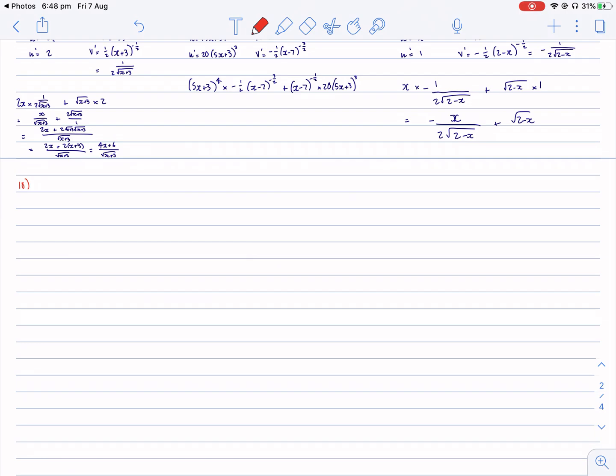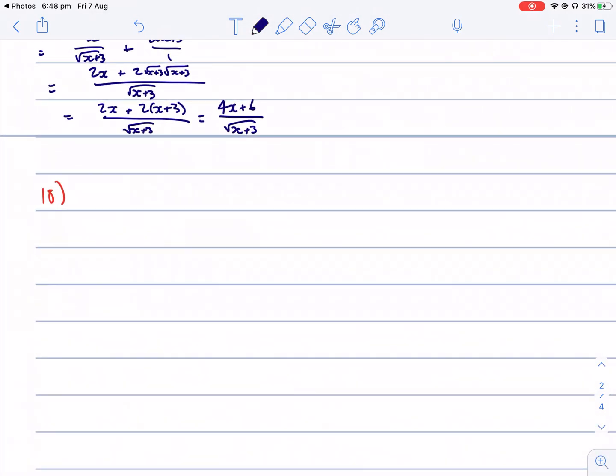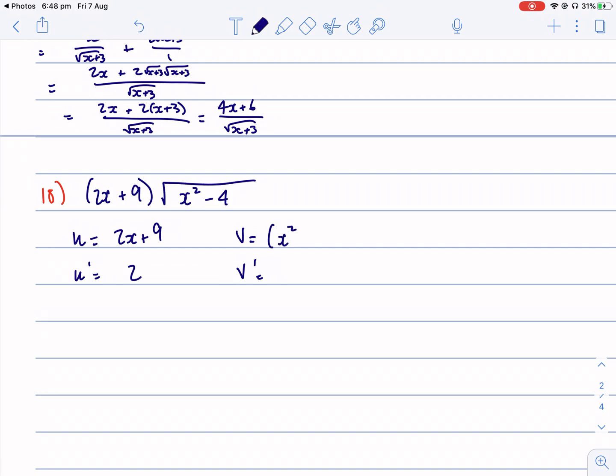18. We're so close to being done. We've got (2x plus 9) root (x squared take 4). So u dash, v dash. 2x plus 9, 2. (x squared take 4) to the half, half (x squared take 4) to the negative half times 2x gives us x on 2 root x squared take 4.